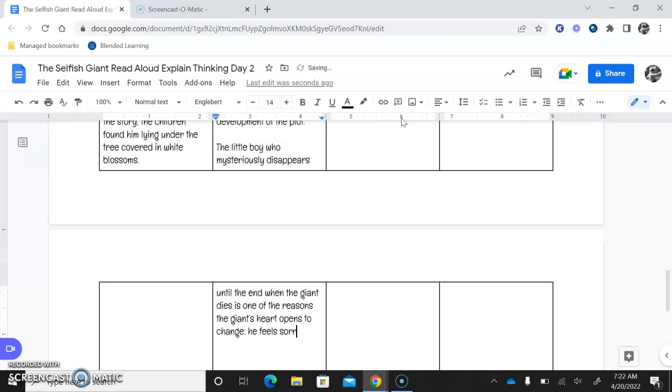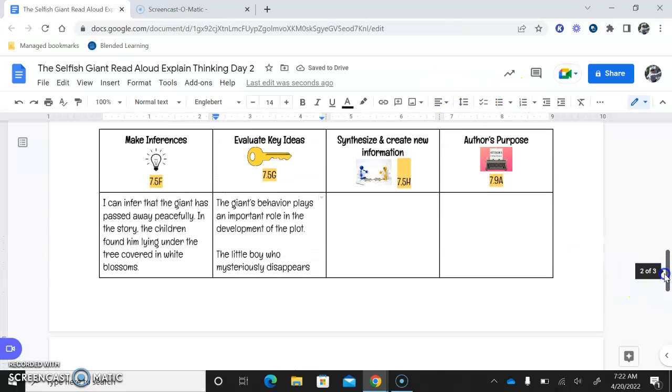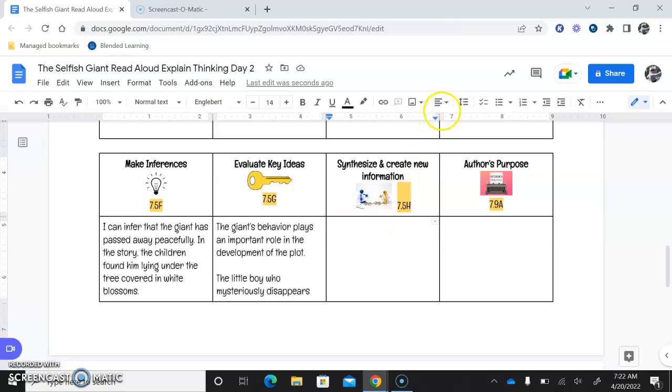He feels sorry for him and he gets emotional when the little boy hugs him. So we can see that these two things definitely have an impact on the story, and they're some of the most important ideas that you will see in this story.